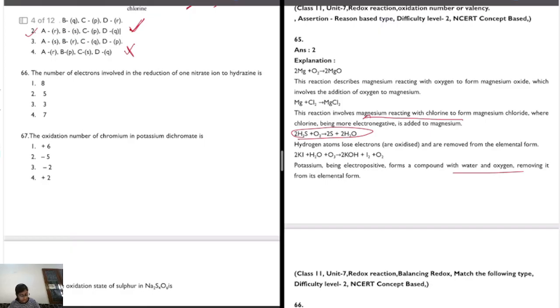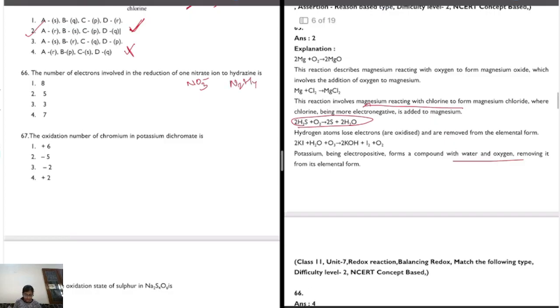So the next question: the number of electrons involved in the reduction of one nitrate ion to hydrazine. What is a nitrate ion? NO3-. What is hydrazine? N2H4. Okay. So let's see.